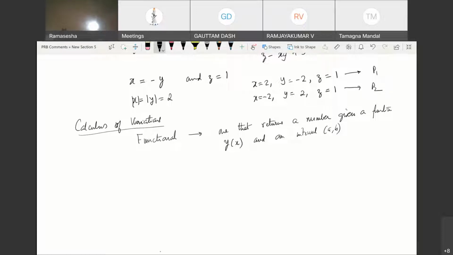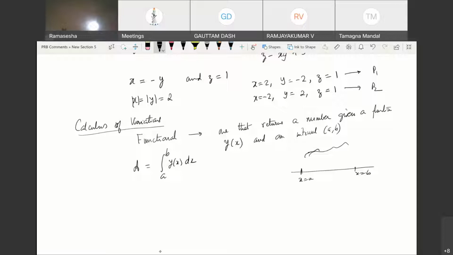So this is very different from a function. An example of a functional is A equal to integral a to b of y of x dx. This is going to give me the area under the curve between the points x equal to a and x equal to b.